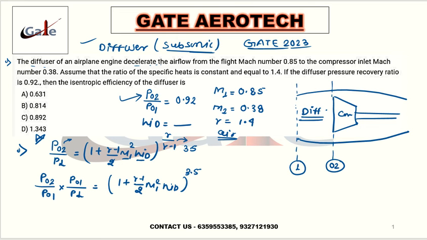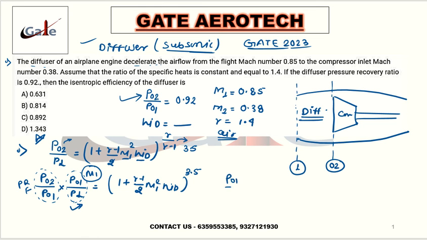So this value they have given, which is your pressure recovery factor, and this we can calculate using the simple isentropic relation, because M1 they have given. So I can calculate this ratio. How can we calculate it?